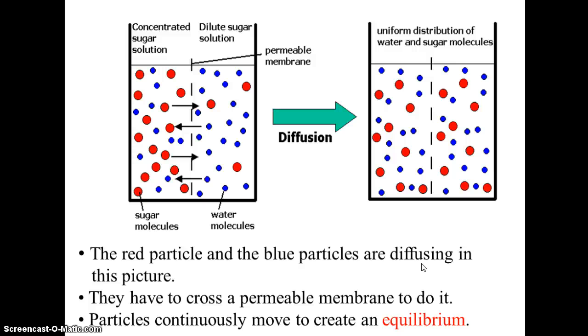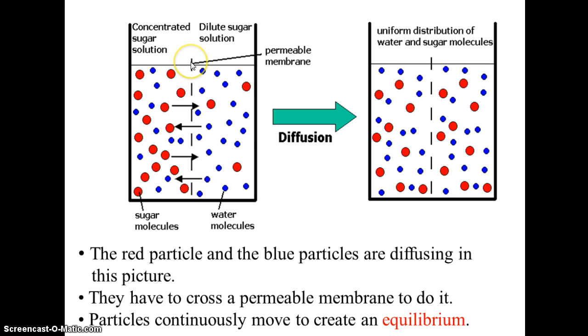So here's an example of diffusion happening. And you have red and blue particles on the left here. The red represents sugar, rather large molecules, and the blue represents water. Now, for our purposes in this illustration, you have a dashed line down the center of this container, and that's a permeable membrane.